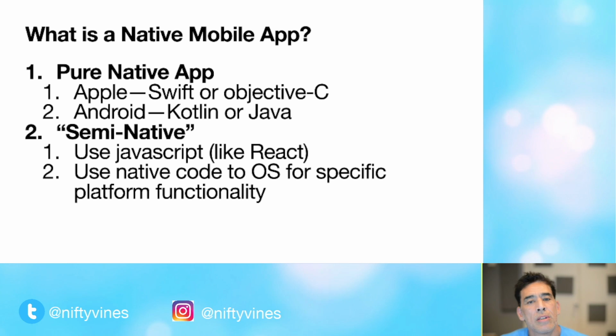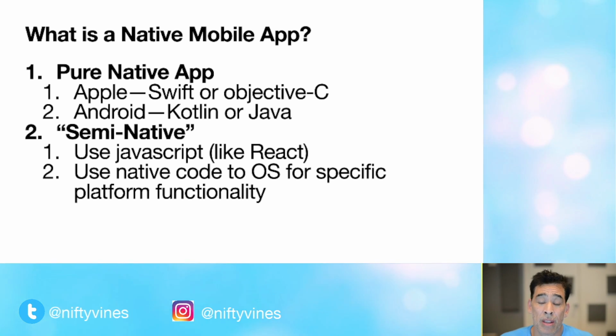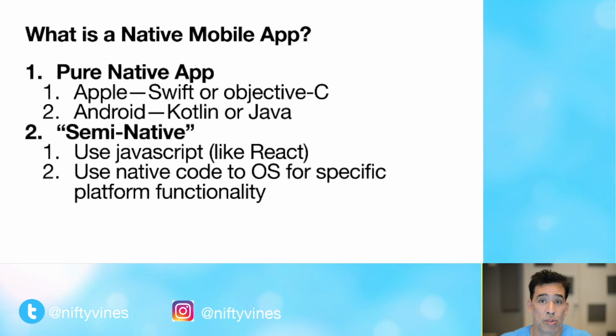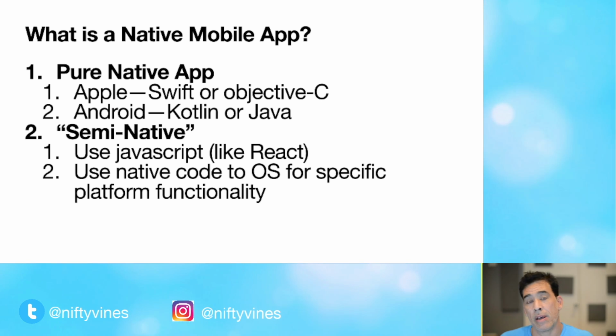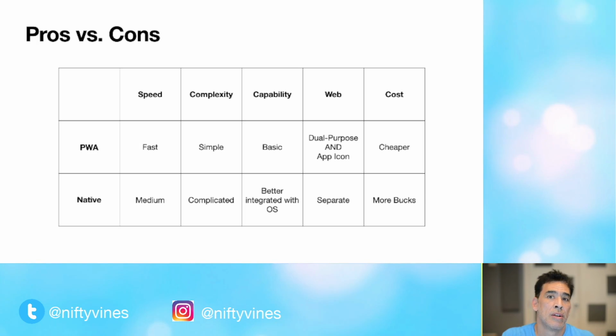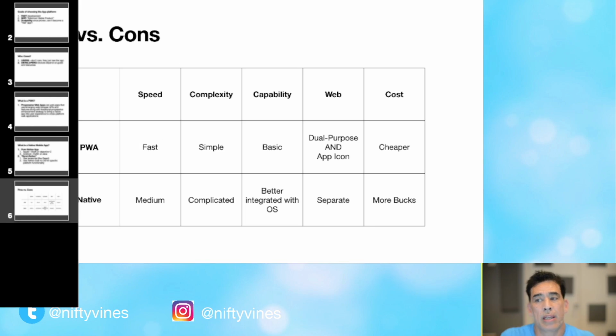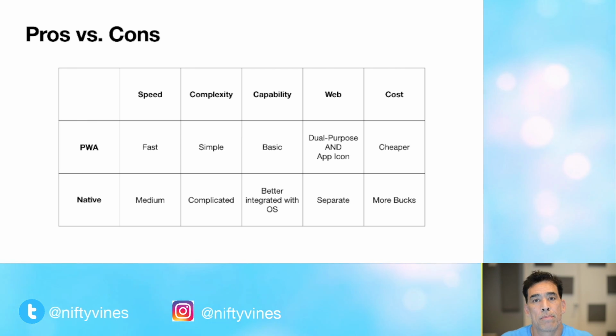The other one as mentioned is pure native app. Depending on what platform you're making it on, if you're making a pure native app for the iPhone and then also an Android phone, you have to use the scripting language that those phones use if you want to go that route. Semi-native, you would use a JavaScript platform. I mentioned Meteor before, React. Those are some examples. So let's take a look at the pros and cons of using these two.